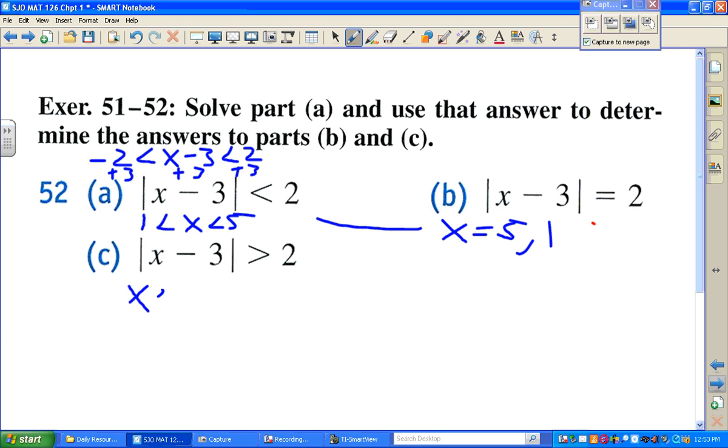Yeah, it's going to be what? Greater than 5 and less than 1. Or has to be in there. Okay? So it looks like you're going about 53. Does that look about right?